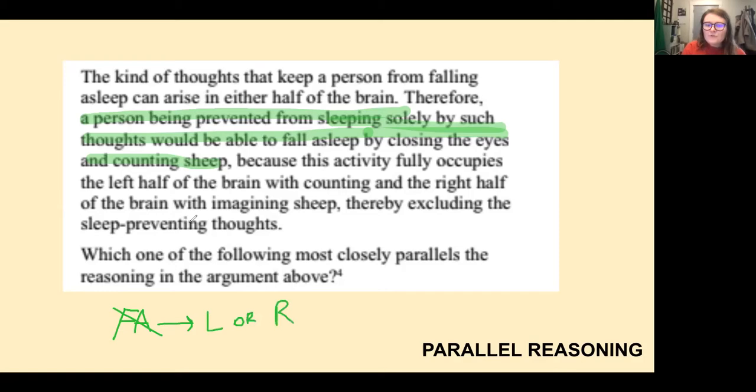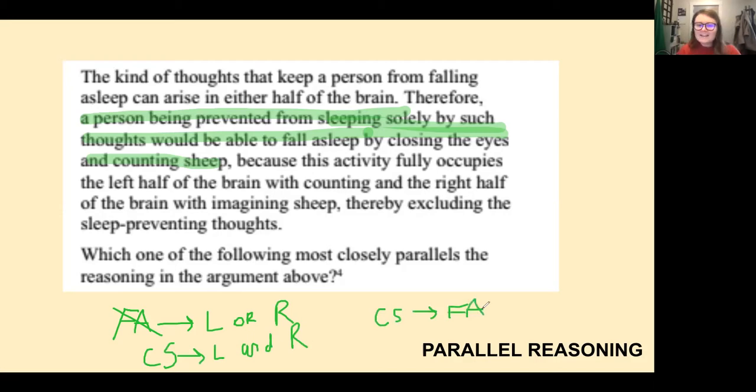But we're saying that we can count sheep, which occupies the left and the right side of the brain. So if we count sheep, then we will be able to fall asleep. Do we see our argument structure there?